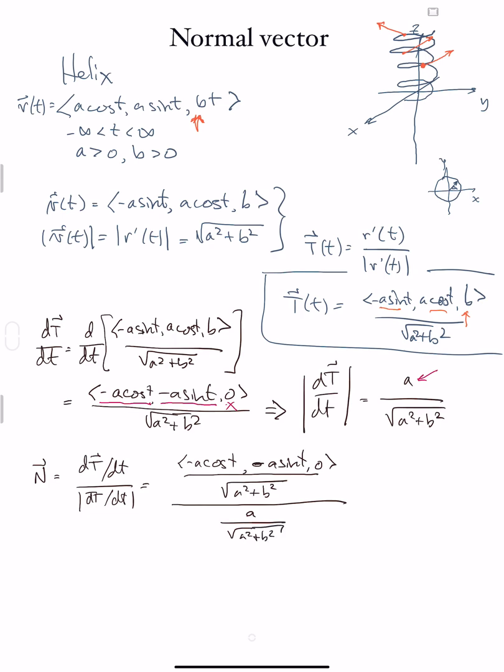Once we end up with it, we'll find that this normal vector completely simplifies the calculation to minus cosine t, minus sine t, and 0. Okay, so that's the calculation of the normal vector for a helix.